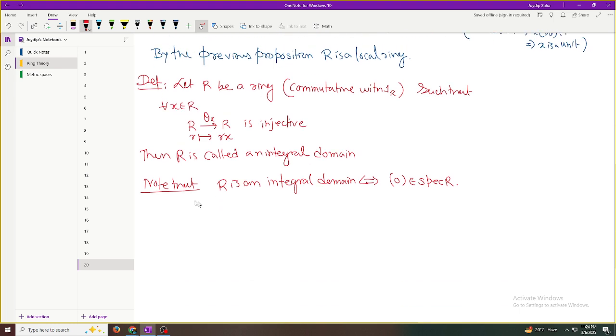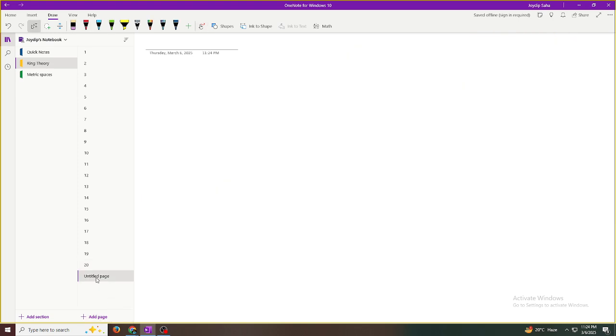One observation is, if R is an integral domain, then R[x] is also an integral domain.